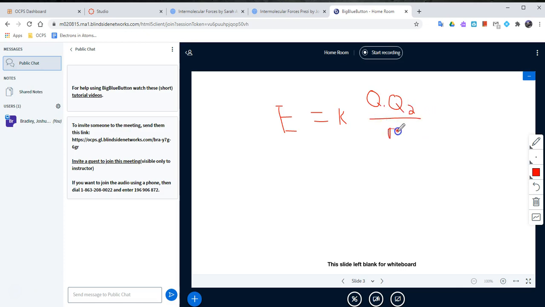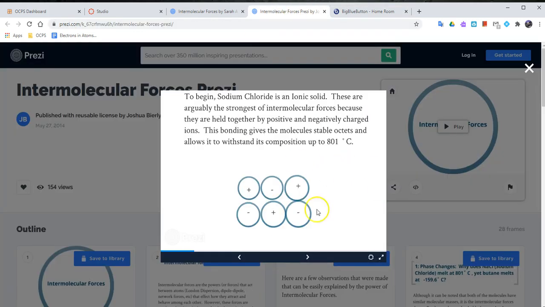Now, most of the time, when we've been talking about things, we've been messing with R. We've been messing with bond length and with R. However, when we're working with ionic solids, what we're doing is we're increasing Q. And when Q is a whole number, it's going to be really tightly bound. Okay? And that's what's happening here. We have a really tightly bound compound because it's a full-on number. Okay? We have sodium, which is a full number, with chlorine, which is a full number, and that's a super strong connection there. That's a super strong bond that has happened there. Okay?